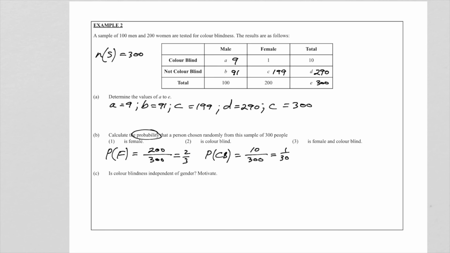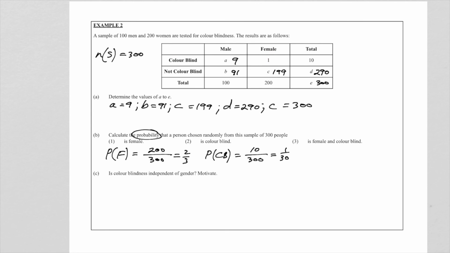The third one, they ask us, what is the probability that if a person is chosen randomly, that person is female and colorblind? So we must now follow female and colorblind. Colorblind, female, there's only one.